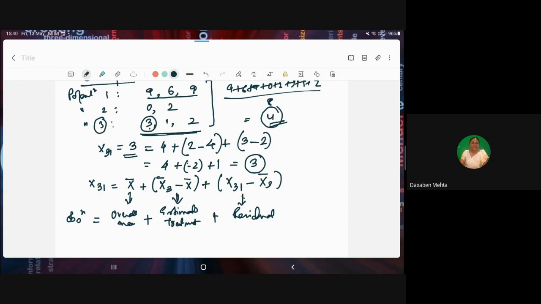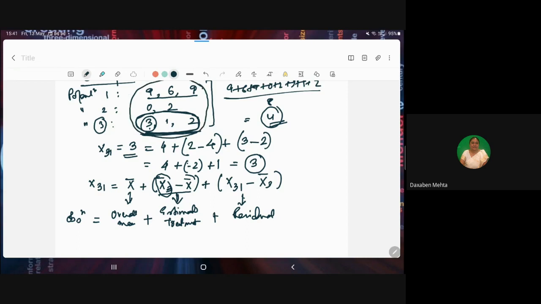Observation is equal to overall mean plus estimated treatment plus residual. That is the estimated treatment effect. Look at what the estimated treatment effect is: X3 bar is the mean of the third population. Suppose it is the information of a village, and this is the information of a block.